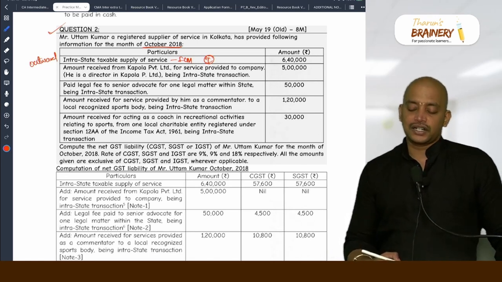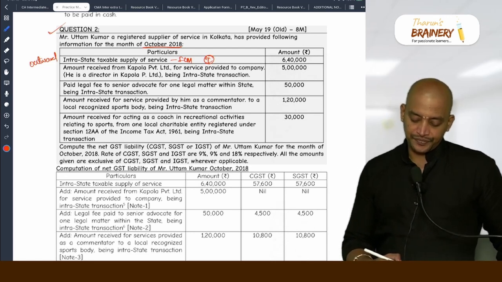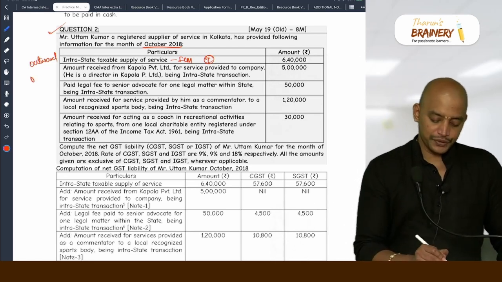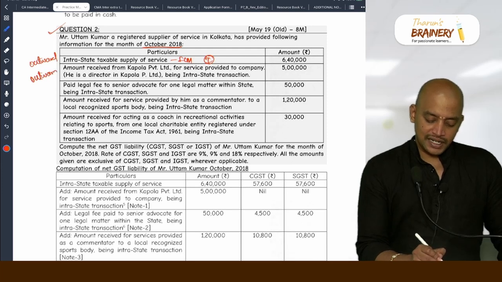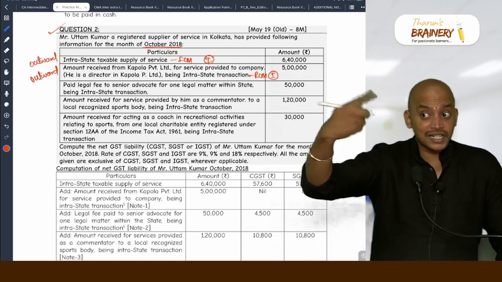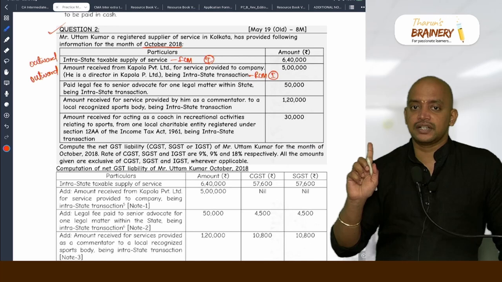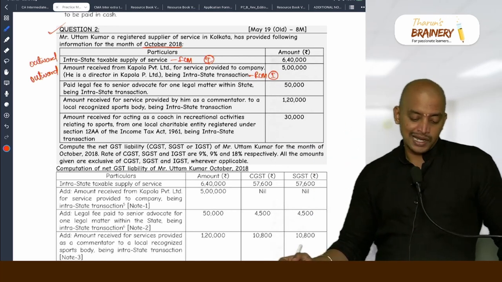Director's services to a company will come under RCM. Outward only, but it will come under RCM. You will take it in statement 1 as outward supply under RCM, but you will not add the liability. Just show the note.